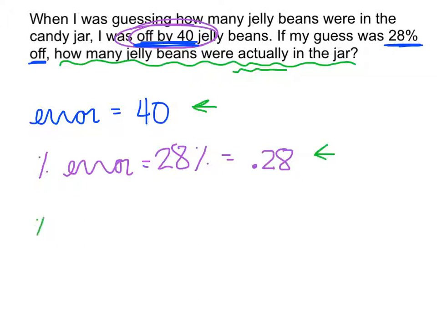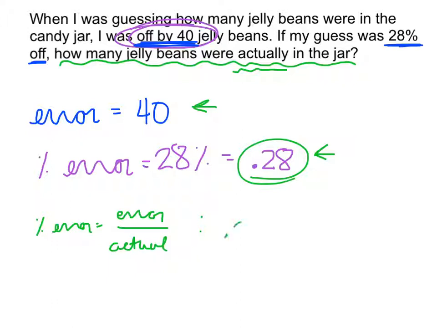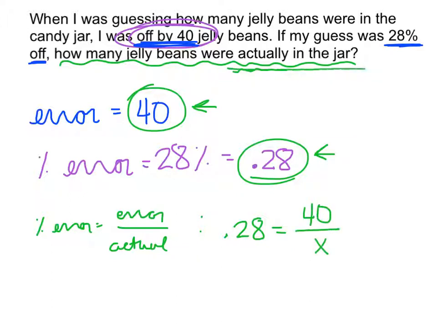Because remember, it's percent error equals error over actual. So, percent error, 0.28, equals error over actual, which is what we are finding. And then we simply solve. Put it over 1 and cross multiply.